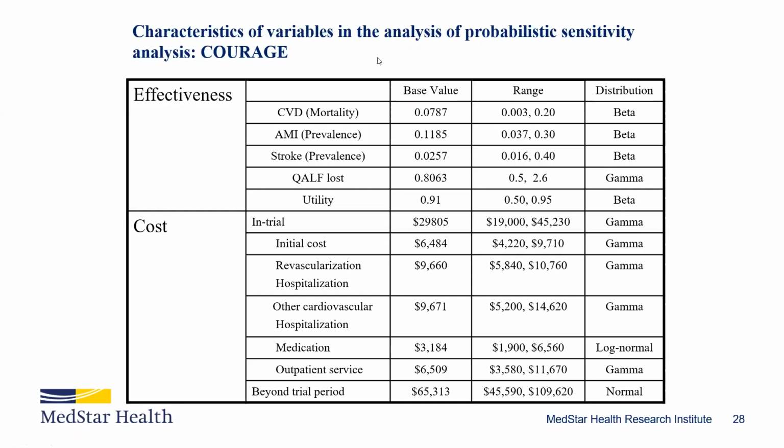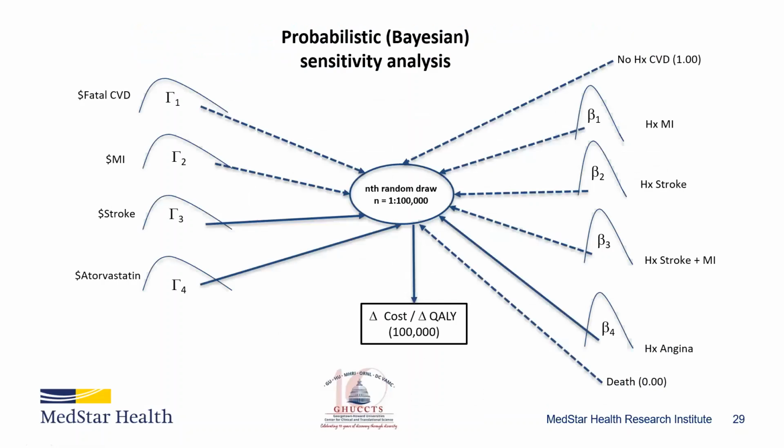And so if you remember when we talked about doing a Bayesian or probabilistic sensitivity analysis, what we're doing now is not drawing from our data, but drawing from distributions.